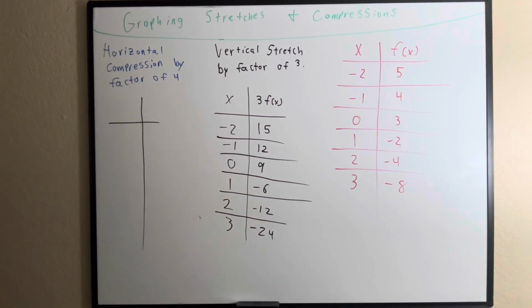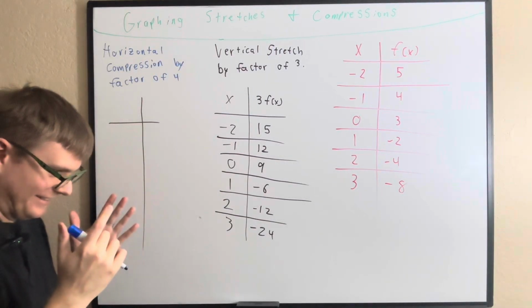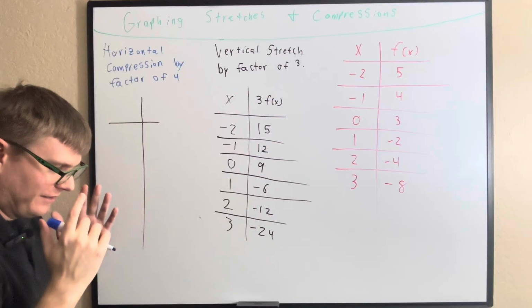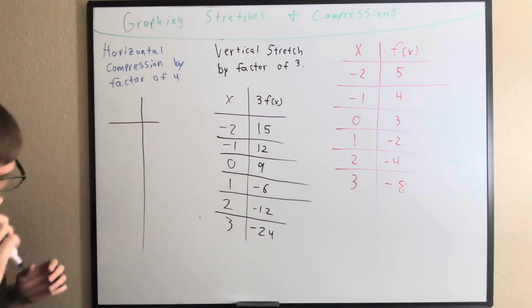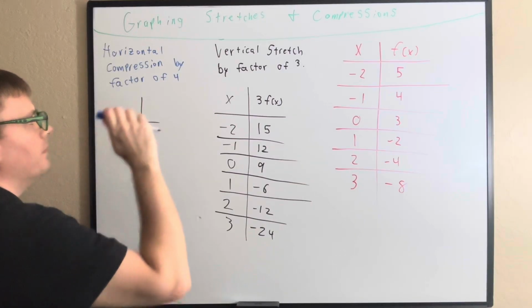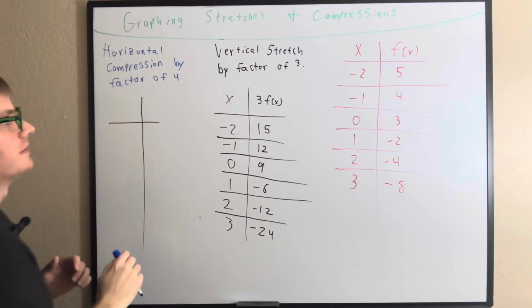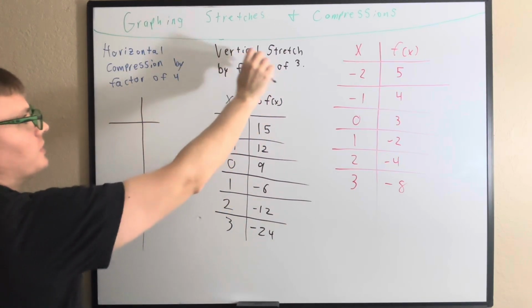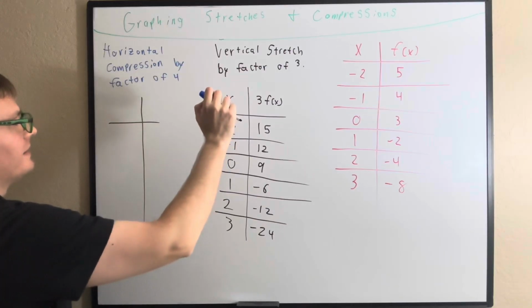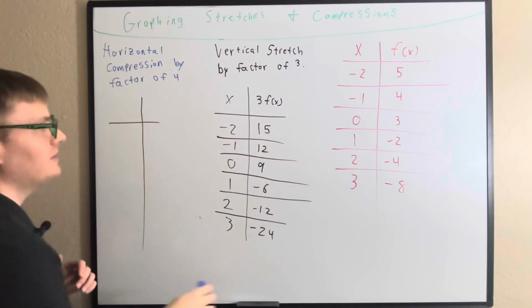Now, what about horizontal compression? Okay. So, horizontal compression, remember that? We multiply the input by the factor. It's the opposite of what the vertical compression would have been, which would have been division, right? Because the vertical stretch is multiplication.